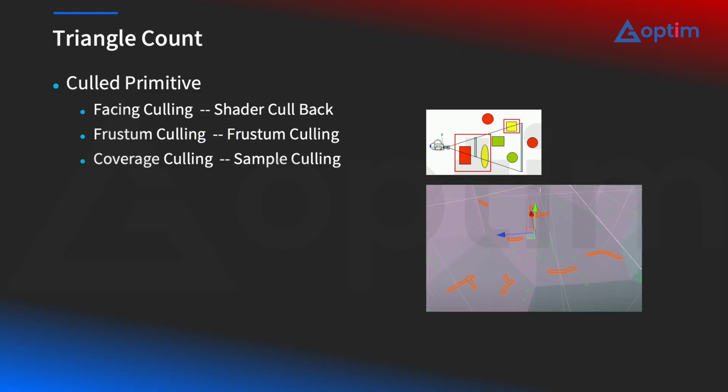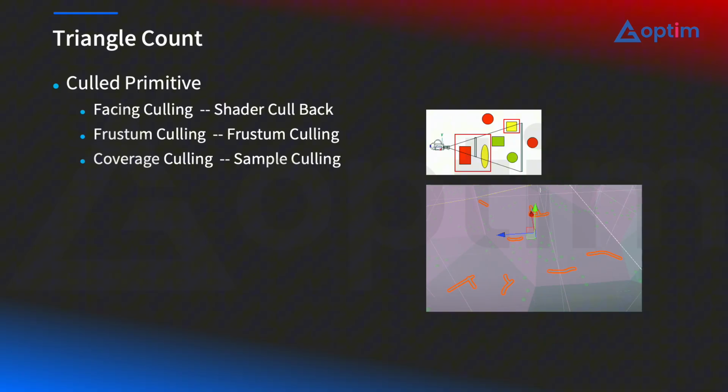In one of our past projects, we encountered a typical issue. The scene used a large number of road-like strip meshes. These assets are usually authored as a single mesh. The problem is that even if the camera only sees a small portion, the entire mesh is still submitted to the GPU, meaning all its triangles are included in input primitives. However, the GPU will later discard the parts outside the frustum.